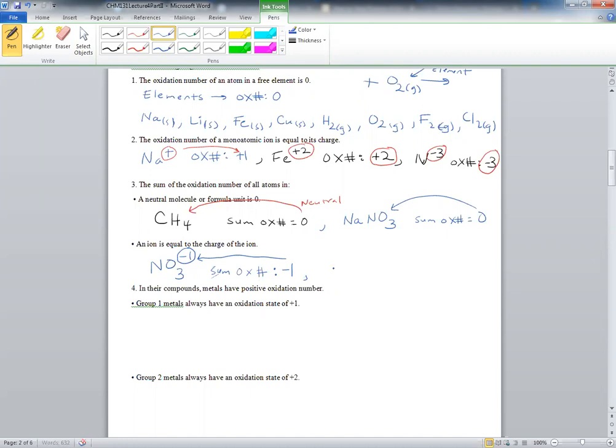If I have something like Cr2O7 minus 2, once again, the sum of the oxidation numbers would be a minus 2. Right there. So that's where you look all the time for the sum of the oxidation number.